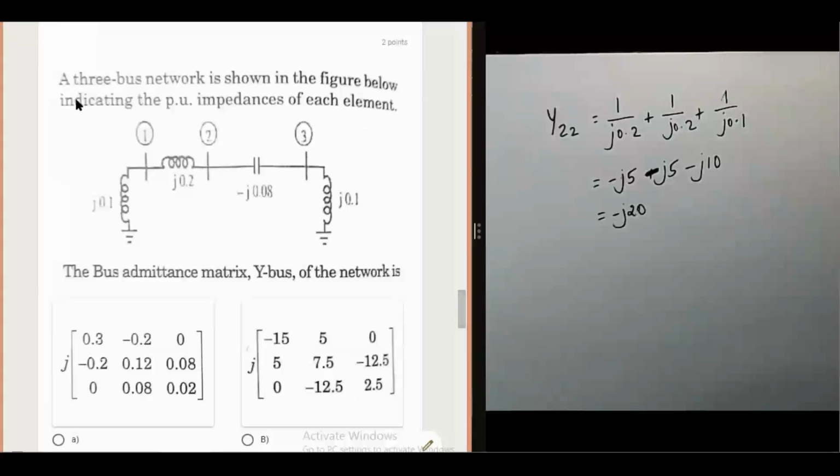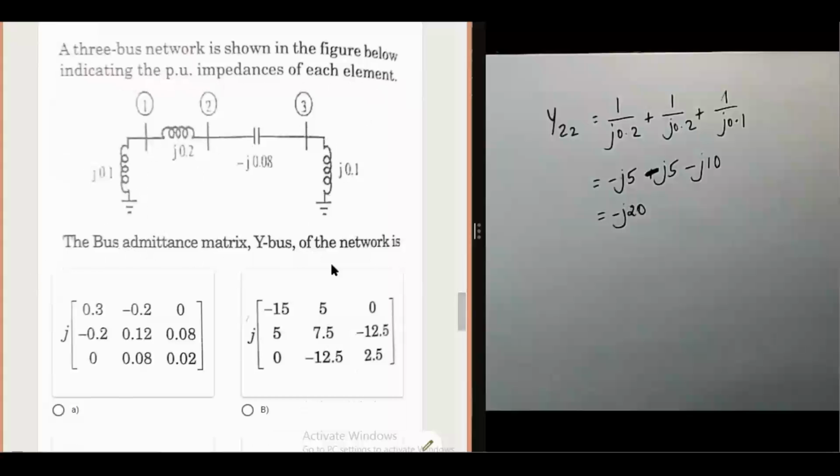Then question number 12. A 3-bus network is shown in the figure below, which indicates the per unit impedance of each element. The bus admittance matrix Y bus for the network is asked. Similarly, calculate the Y bus by using the bus inspection method. Here Y11 is equal to the sum of the elements connected to node 1.